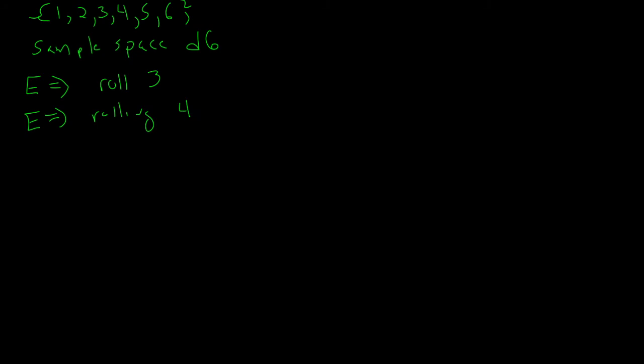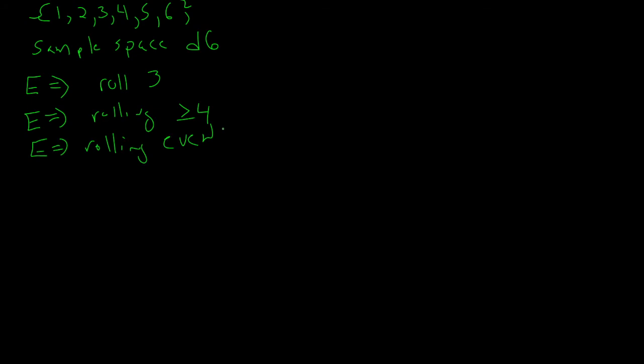So I can roll greater than or equal to 4. And notice 4, 5, and 6 would be the possible outcomes. That's one event, rolling greater than or equal to 4, and there are 3 elements in it. And another event I could do is rolling an even number. And so there are different events that can come out of a sample space.